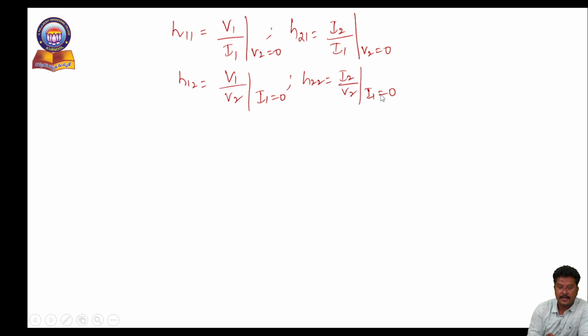If you carefully observe, the ratio of voltage and current gives us a value of a resistance. So this H11 explains the resistance behavior, and I am observing that at the input port, V1 is nothing but input voltage, I1 is nothing but input current. So I observe the ratio of input voltage with respect to input current, so that I am considering H11 as input resistance.